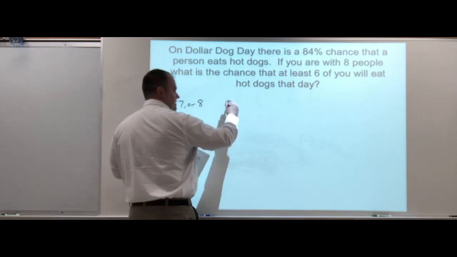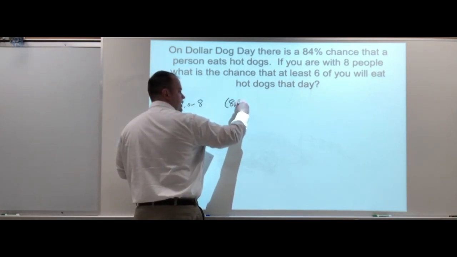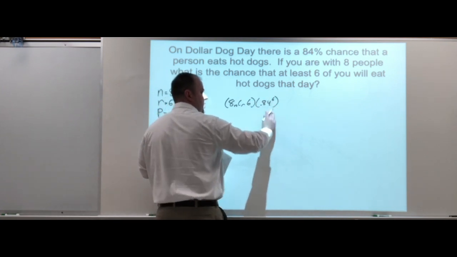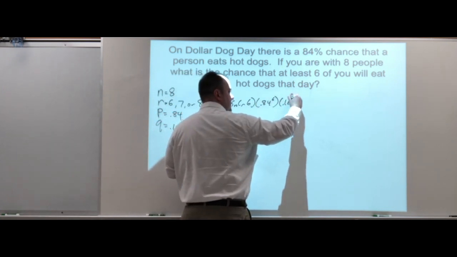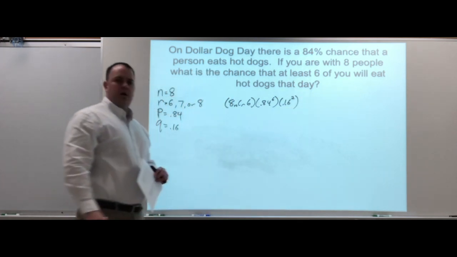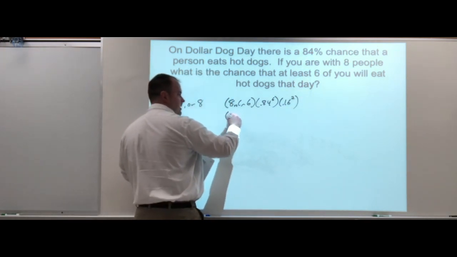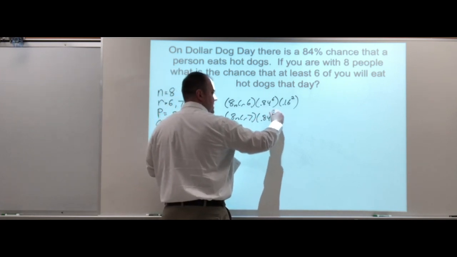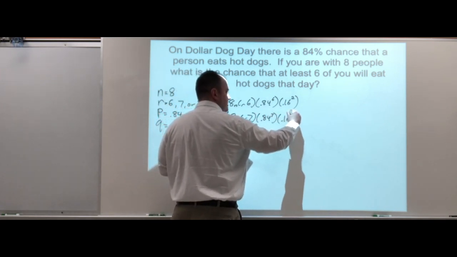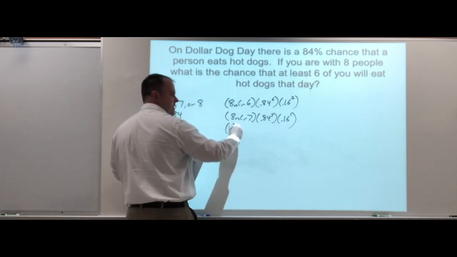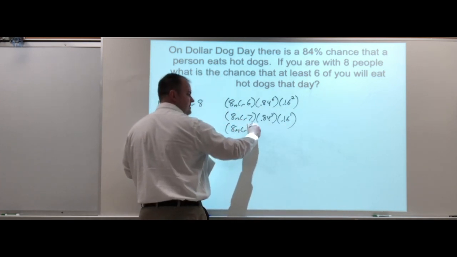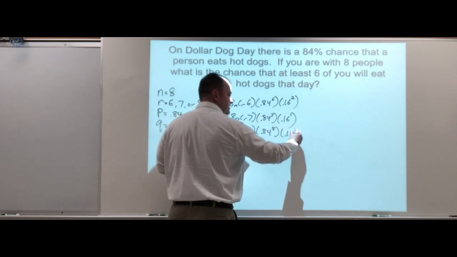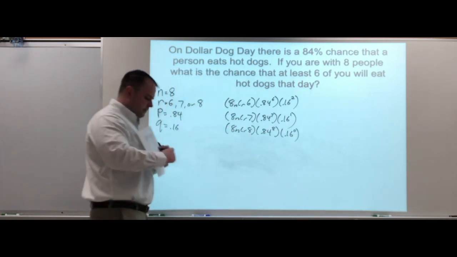Okay, so if I'm setting this up, 8 NCR 6, 0.84 to the 6th power, 0.16 to the 2nd power. I also have to do it for 7. 8 NCR 7, 0.84 to the 7th, 0.16 to the 1st power, and then 8 NCR 8, 0.84 to the 8th, 0.16 to the 0 power.